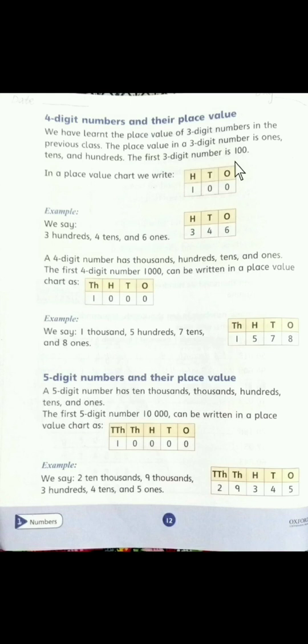First we look at 4-digit numbers and their place value. We have learned the place value of 3-digit numbers in the previous class. The place values in a 3-digit number are ones, tens and hundreds. The first 3-digit number is 100.